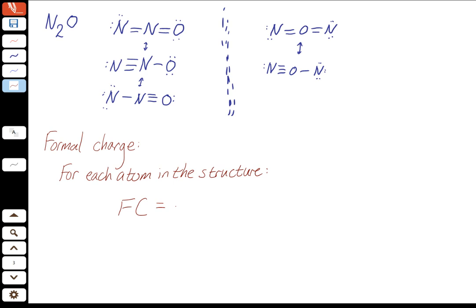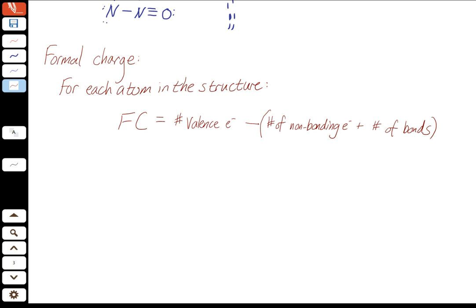So, as an example, before we look at the nitrogen ones, let's go back to that carbonate ion. I'll just use one of the ones here that we drew. And so for each atom, we want to calculate a formal charge. Let's start in the middle with the carbon.